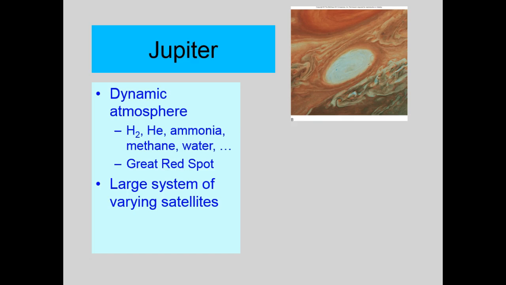Now, the next thing we say here, a large system of varying satellites. What do we mean by that? Lots of different kinds of moons.